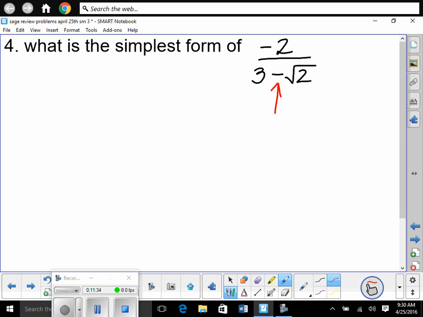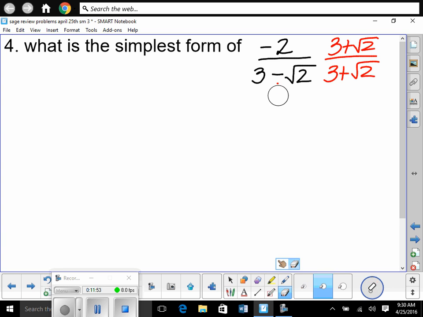Exact same terms, even if that was negative 3, our conjugate would be negative 3 plus the square root of 2, but it's positive 3. I'm just saying, the change of sign is only in between. So our conjugate will be 3 plus the square root of 2. If you do that to the bottom, you've got to do it to the top. 3 plus the square root of 2. Then we're just multiplying by a fancy one of our choice. Is everybody good so far?